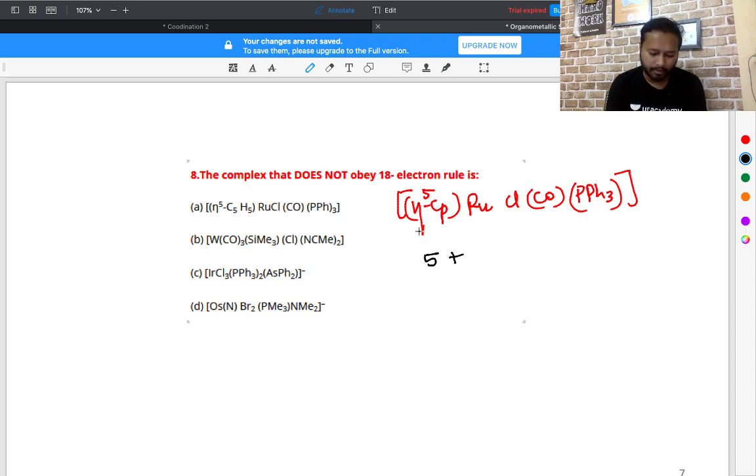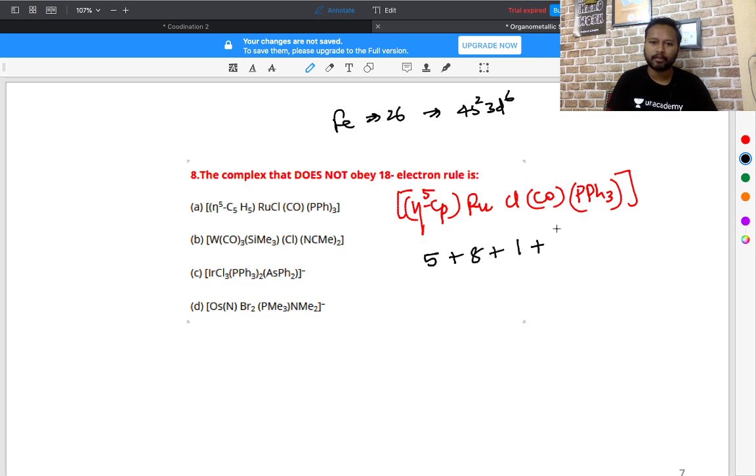So ruthenium lies in the iron group. Ruthenium, iron, and osmium, all these three lie in that group. So you will have 8 electrons from that, because iron has atomic number 26, and it's 4s2 3d6, that means 8 electrons. So ruthenium will also give you 8 electrons.